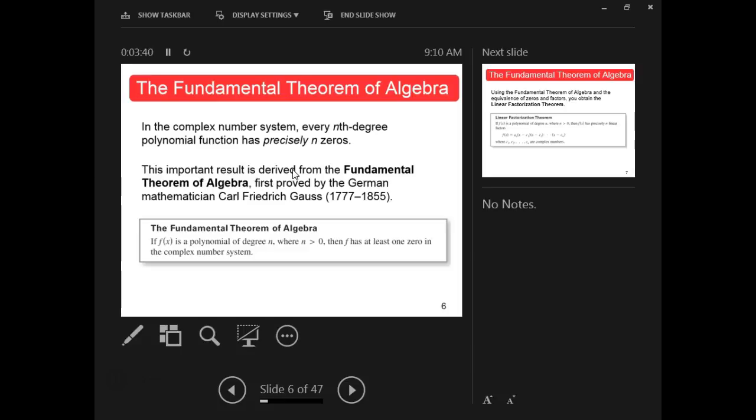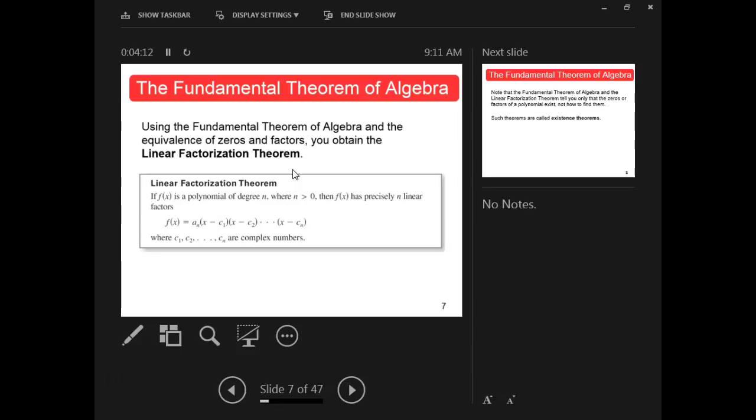But the fundamental theorem of algebra says it really cheaply: at least one zero in the complex number system. And this up here says you have n. Whatever that degree is, you have that many zeros. So it seems like a pretty weak theorem, but this took a lot of effort to prove. And Gauss did it. Okay?